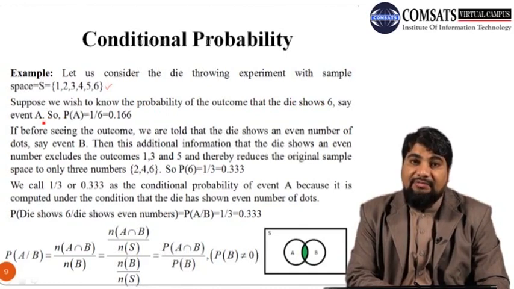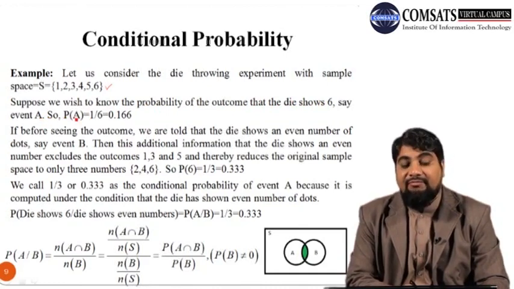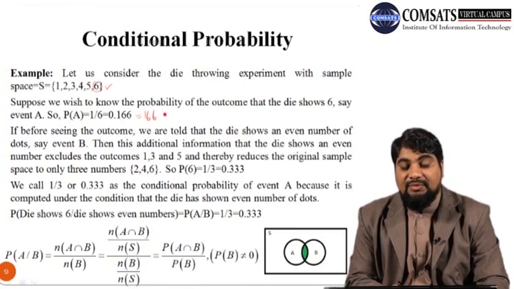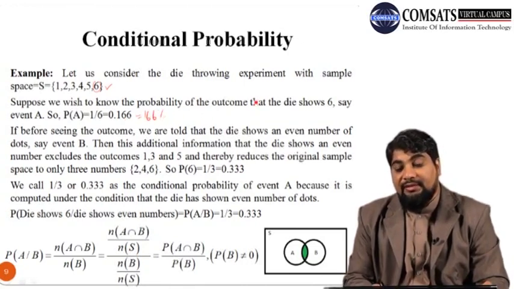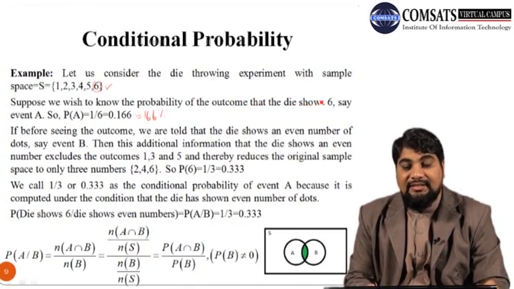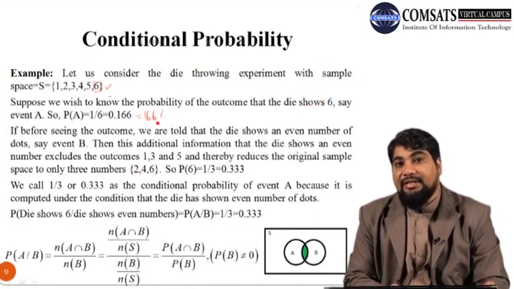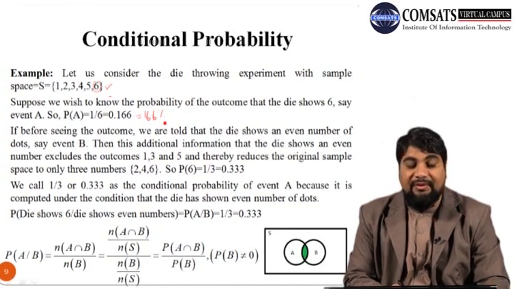Say this is our event A. Probability of A: 6 occurs one time out of these 6, so 1 over 6, which is 0.166, or 16.6%. So the probability of getting a 6 when a die is thrown is 16.6%.